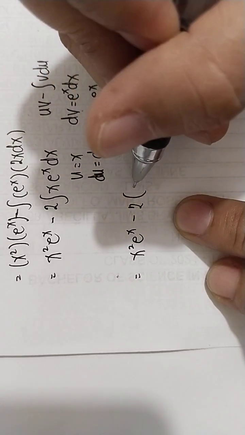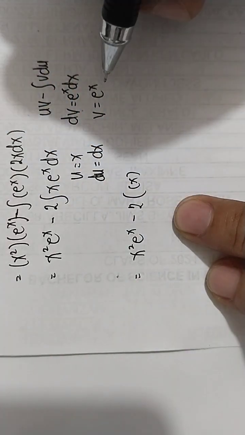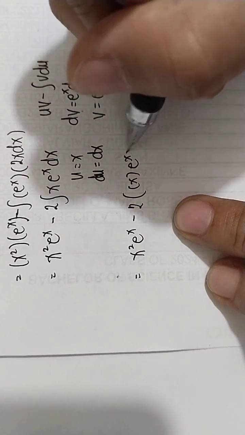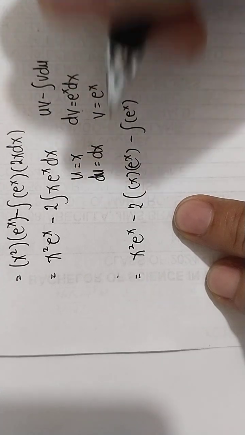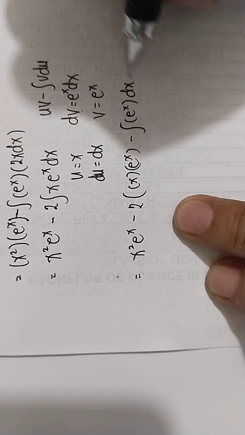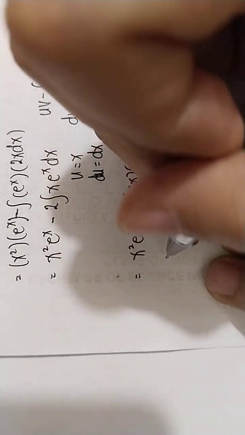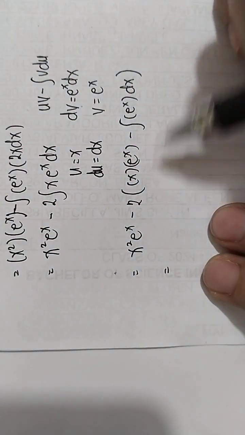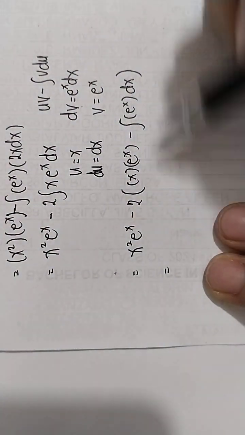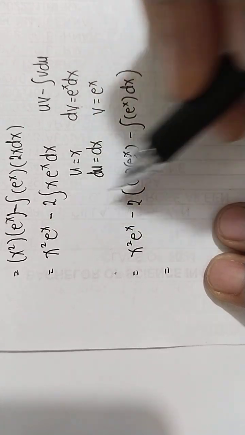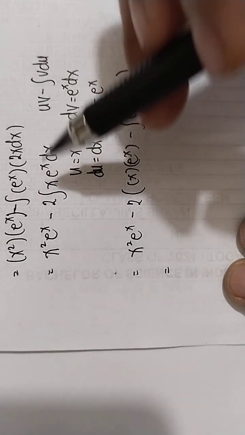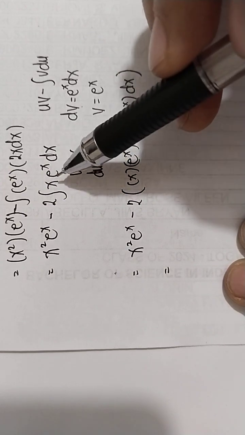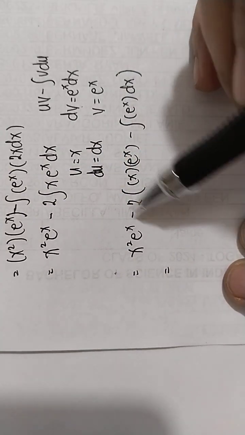So your u is actually x, and v is e raised to x, minus integral of e raised to x times du, which is, in this case, dx. And take note, it's enclosed in a parenthesis. Why? Because negative 2 should be distributed in this formula. Okay, because you're integrating x e raised to x, so that will be for negative 2 both.